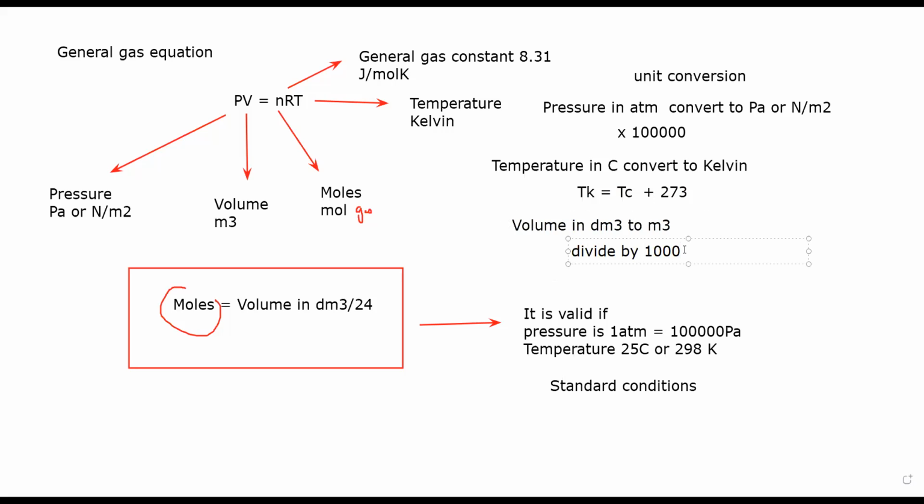So it is important to know these conversions, because the question will be very simple. The important thing when using this equation is the unit conversion and the value of the general gas constant, which is 8.31 joule per mole Kelvin. I'll give an example of how you will use this equation to solve a question.